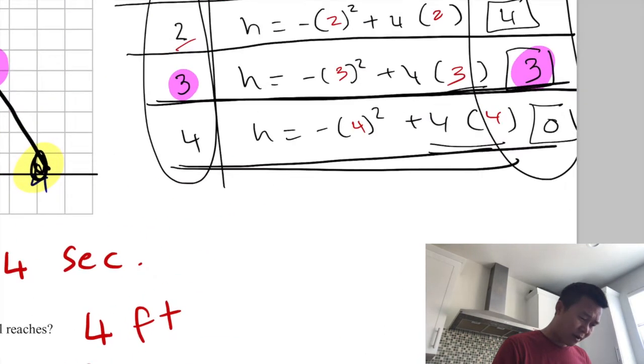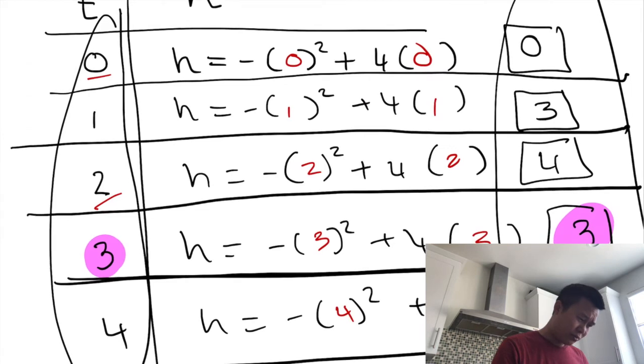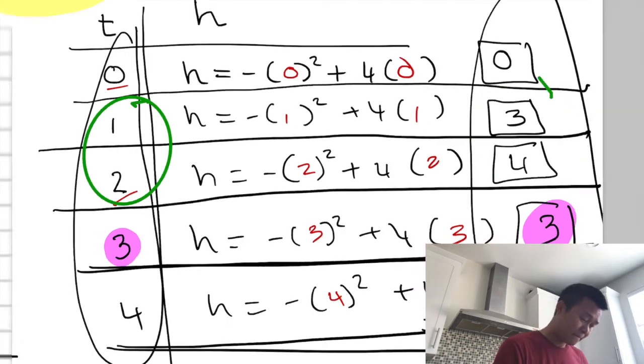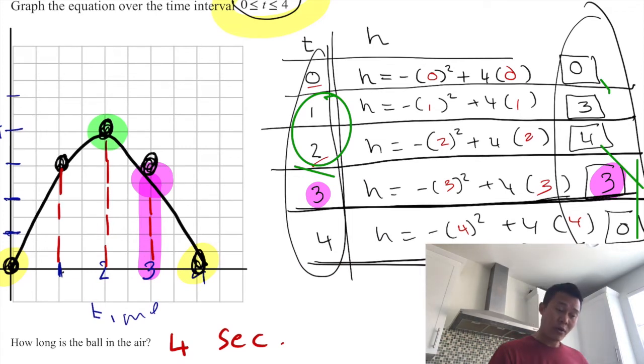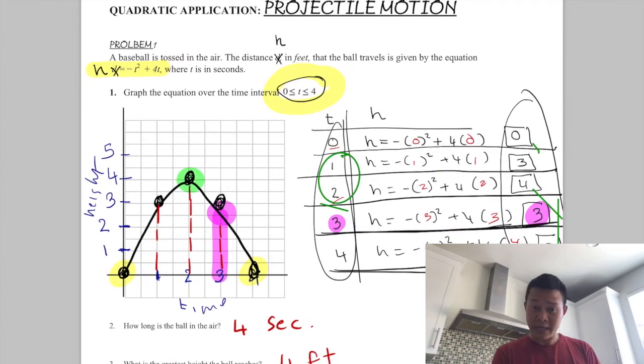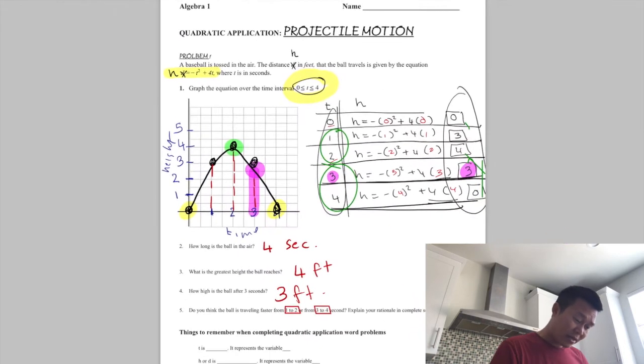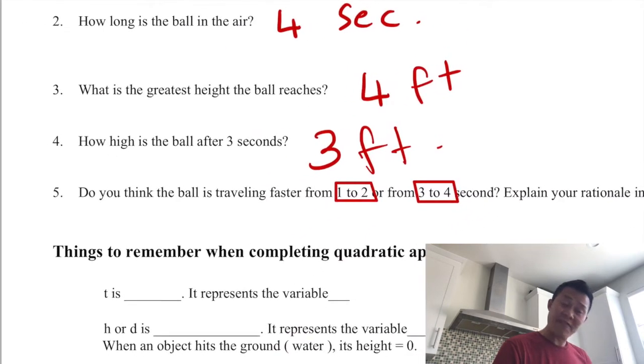So if you look carefully, from 1 to 2, the rate of change is 1 foot, okay? From 3 to 4, the rate of change is actually 3 feet. So it's actually going 3 feet per second versus 1 foot per second. So by looking at that visually, we can see that the ball is actually traveling faster.